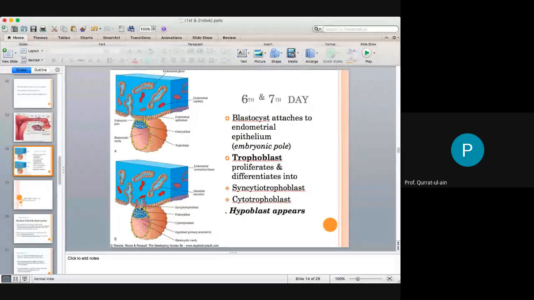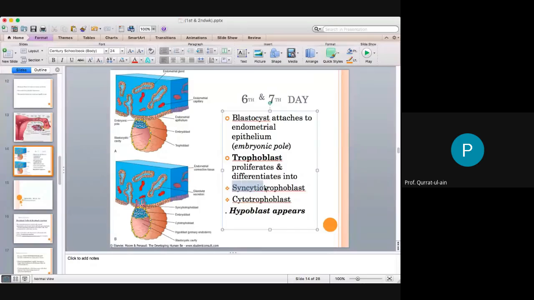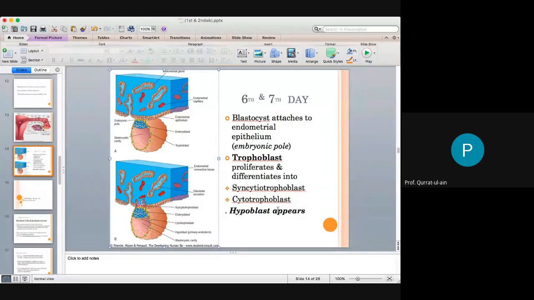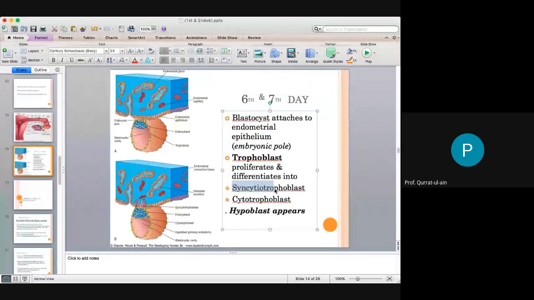These are now two groups of the trophoblast at the embryonic pole, and these two groups are now named the syncytiotrophoblast and the cytotrophoblast. The trophoblast now is in two groups at this end. These finger-like cells are known as syncytiotrophoblast. This is very important. And the rest of the trophoblast, which is in yellow all around, is known as the cytotrophoblast.